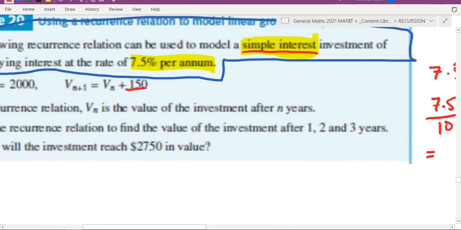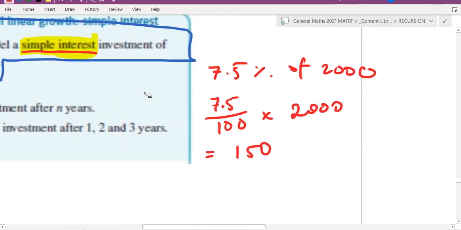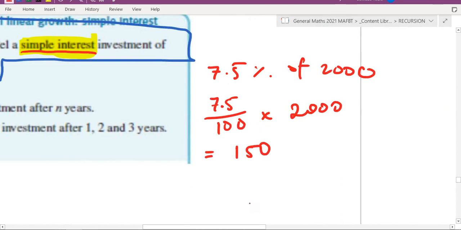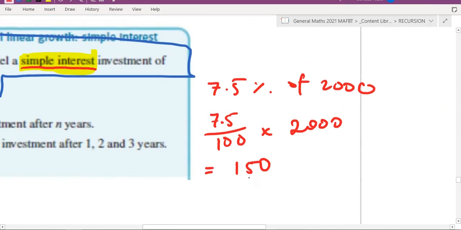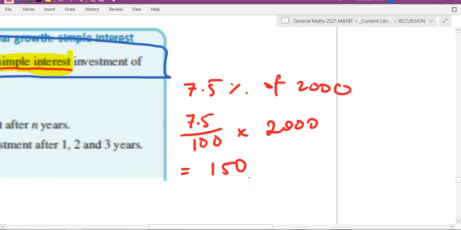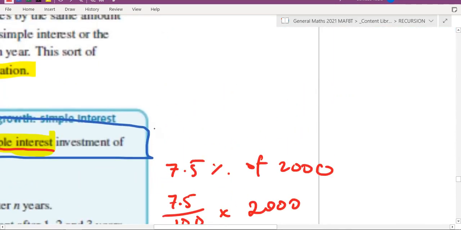150, which is this. Okay, so you can think of it as the common ratio, common difference, what you're adding by each time. So with these questions, what you need to do is find, actually I'll make this more obvious.